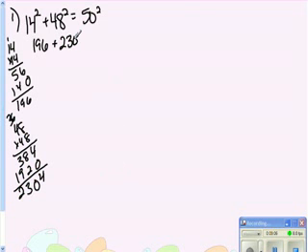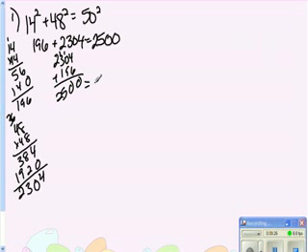So I get 2304. And 50 squared you should be able to do in your head. 50 times 50 should give you 2500. If not, you can do the math. Add these two things together, so 2304 plus 196. I get 2500 equals 2500. Is that a true statement or a false statement? Does 2500 equal 2500? That's true, so it is a right triangle. It can be.